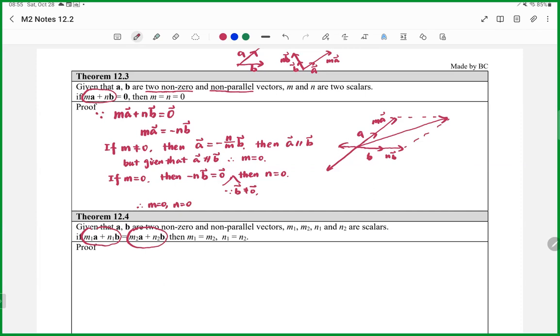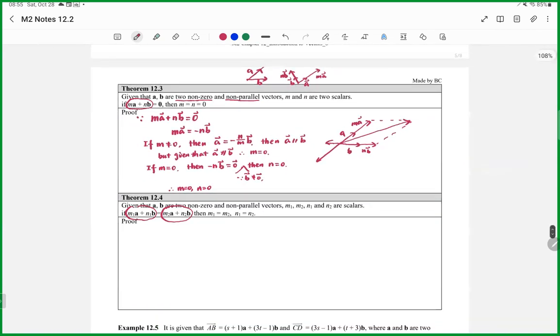So basically, for example, there is the space vector A and B, and there is another vector here somewhere. This is my vector, and this vector is equal to MA plus NB.